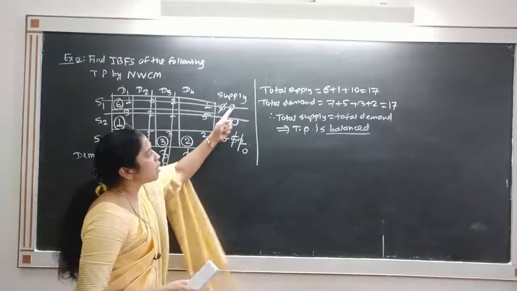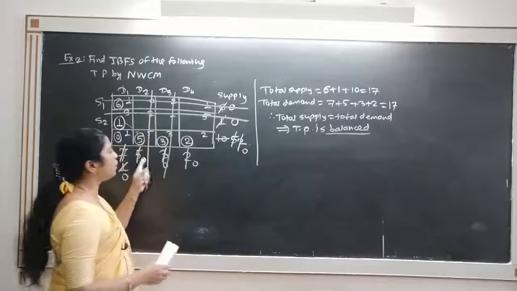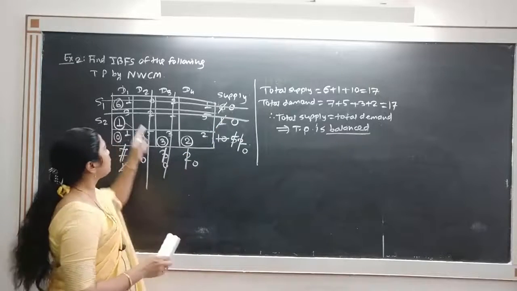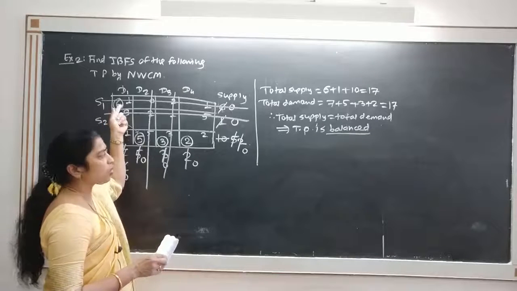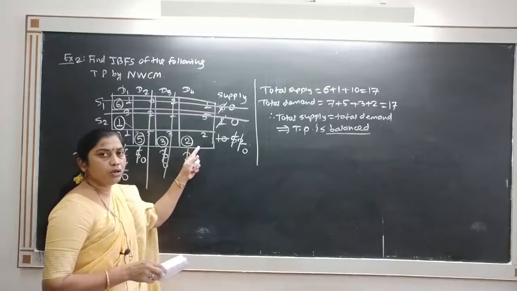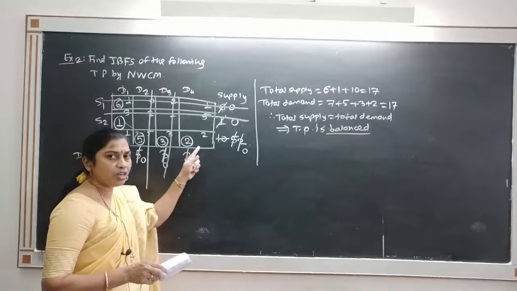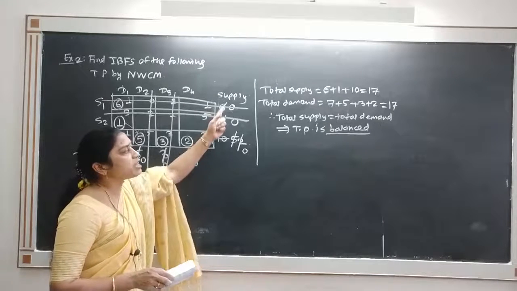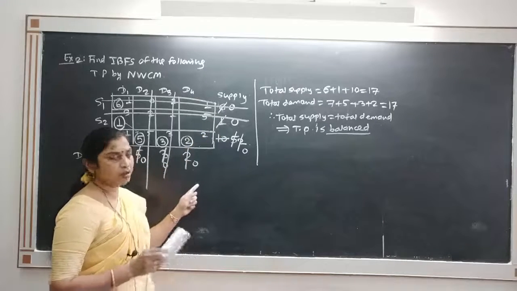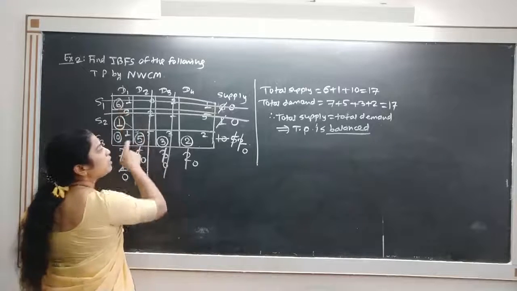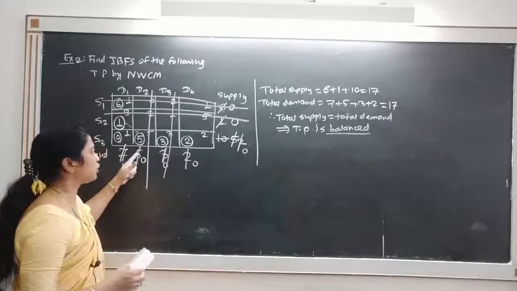Observe that every supply and every demand becomes 0. We started with the northwest corner and we reached the southeast corner of the transportation problem, satisfying all supply and demand conditions. So this is the final solution of the transportation problem.